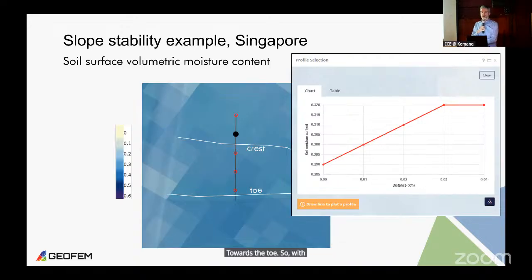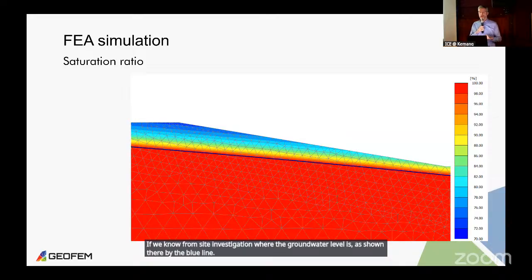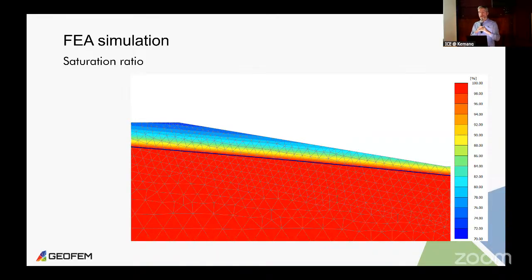With that information, we can now perform a more complete assessment of the slope stability. When we develop an analysis model to look at the slope stability, such as this FEA model of a section through the slope, we know from site investigation where the groundwater level is, as shown there by the blue line, and along the surface we have the soil moisture data.